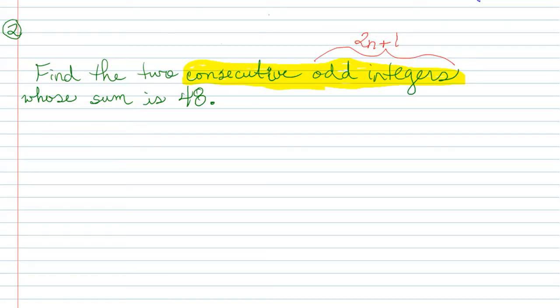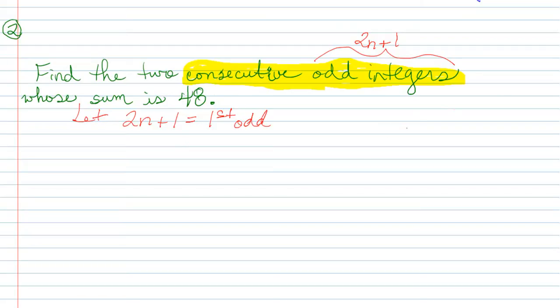I'm going to say, let the first integer be 2n plus 1. That's my first odd. I'm just going to leave it at that. The next consecutive odd integer would be what? How many up from this?